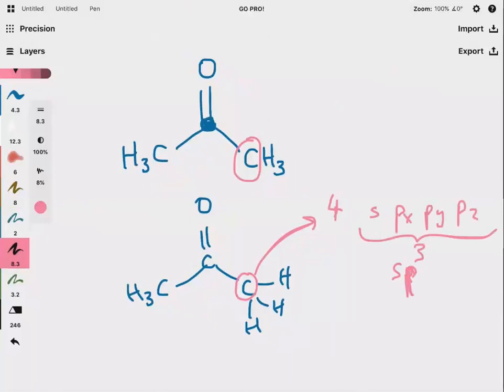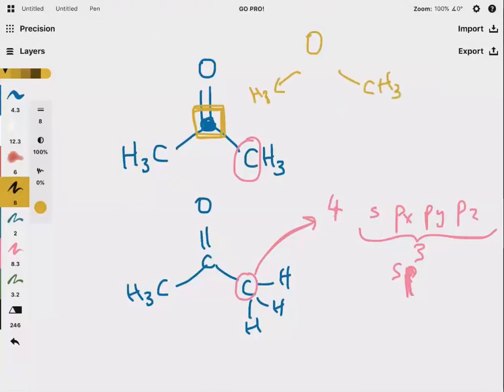Now let's look at this carbon right here, the carbonyl carbon. What is it bonded to? It's bonded to an oxygen and a methyl and another methyl, right?